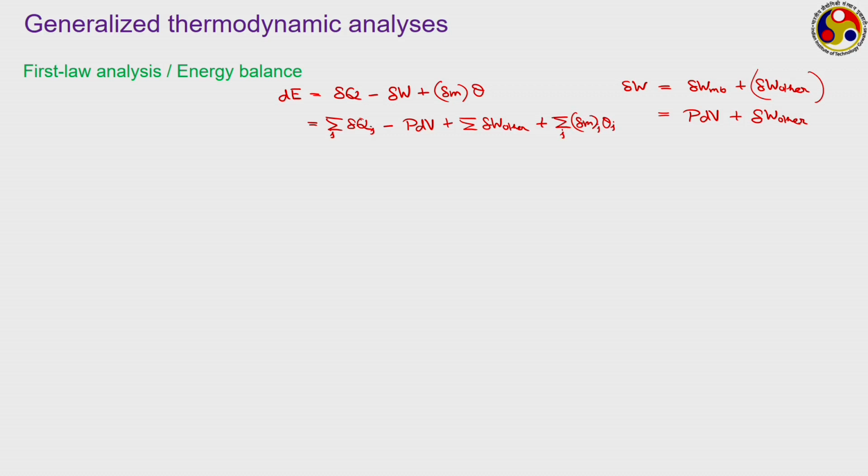Here the direction of mass transfer is taken to be into the system. If we are talking about mass flowing out of the system, then there will be a negative sign coming in.